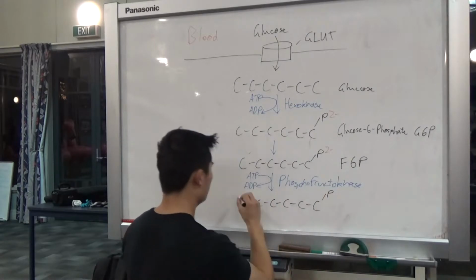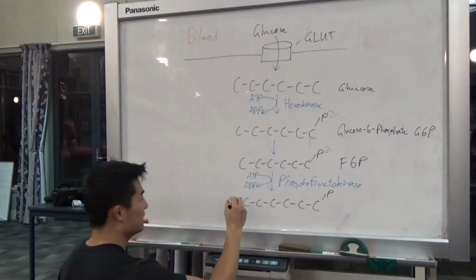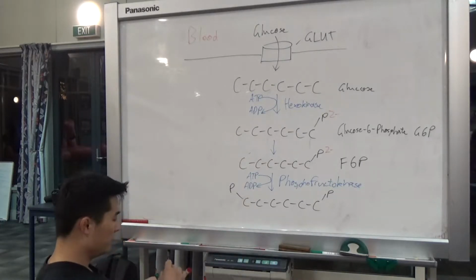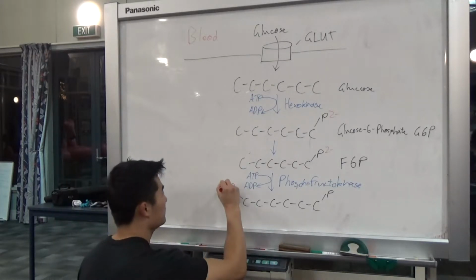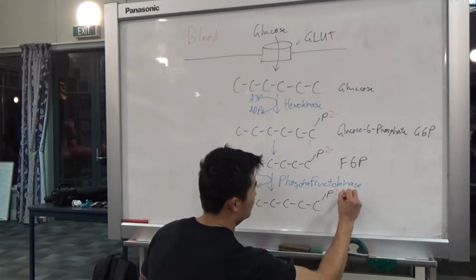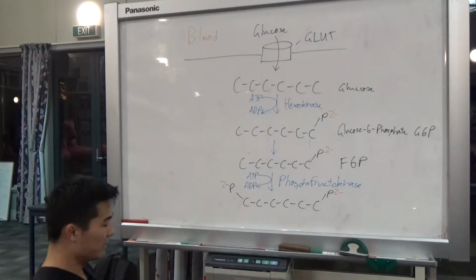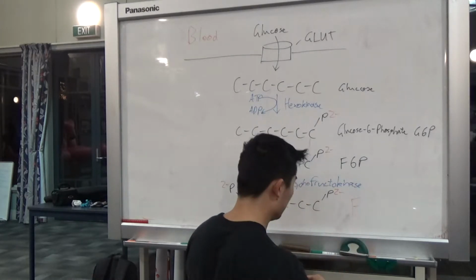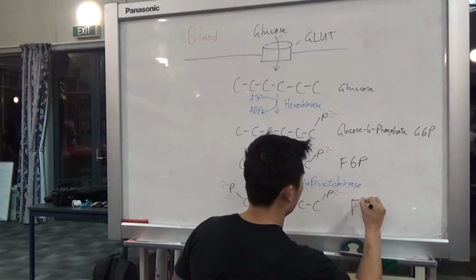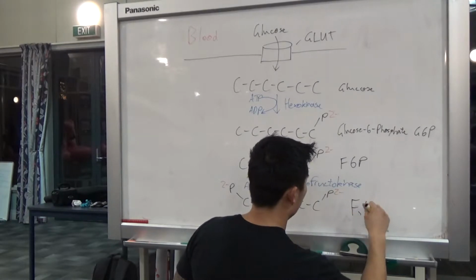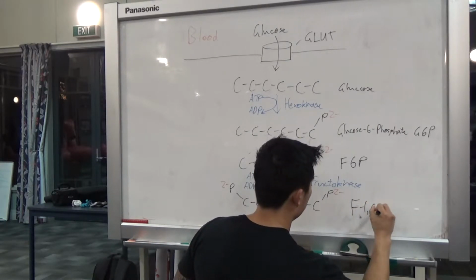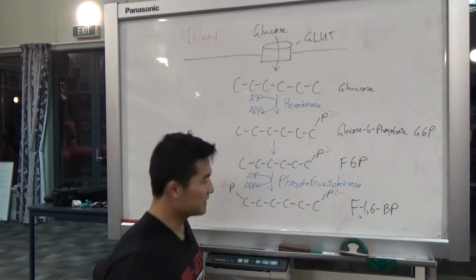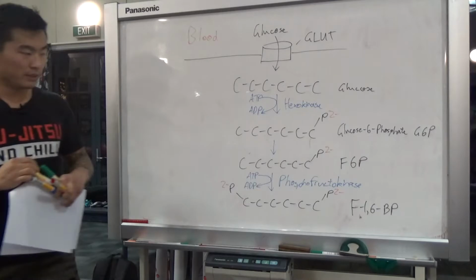We have a phosphate on the 6th carbon, and a phosphate on the 1st carbon. So 2 negative charges on each side, and it's now called fructose 1,6-bisphosphate. So remember that.